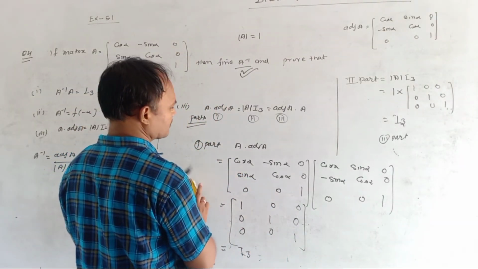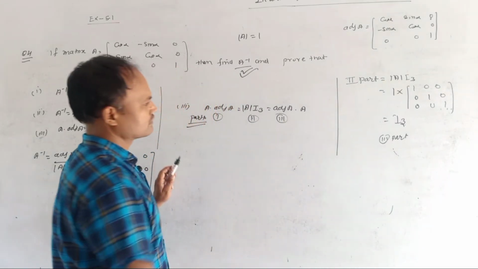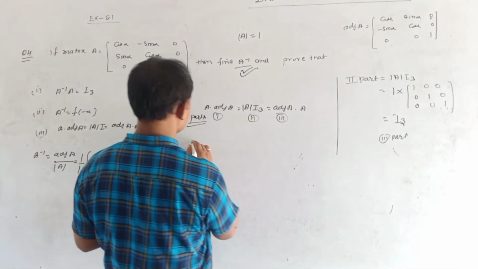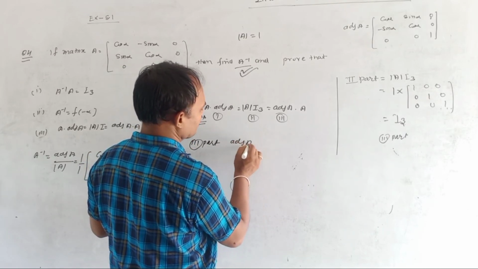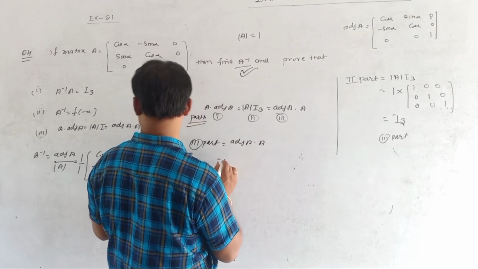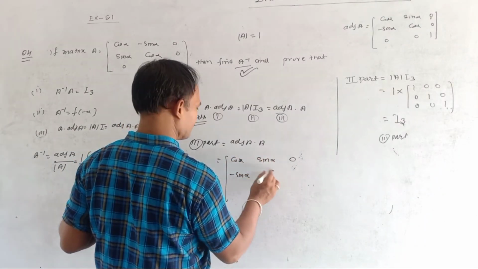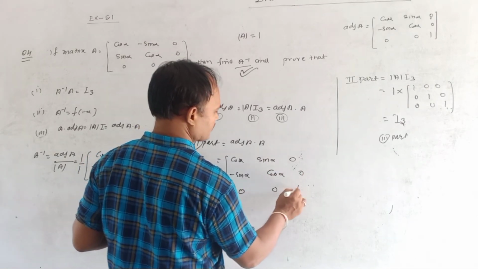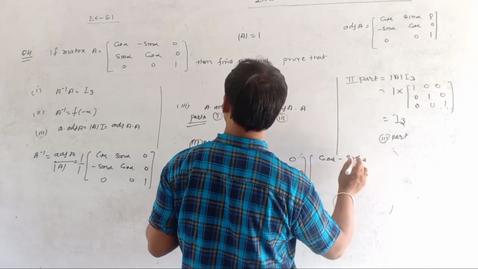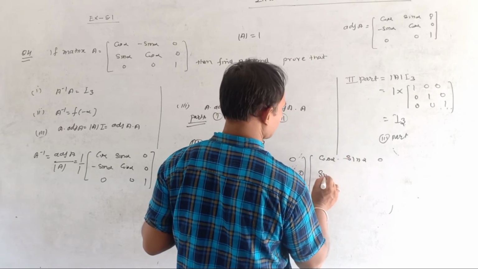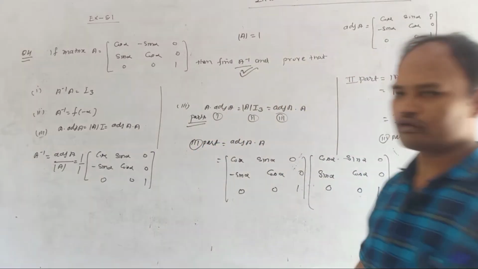Adjoint of A into A. Adjoint of A is cos alpha, sin alpha, 0, minus sin alpha, cos alpha, 0, 0, 0, 1, multiplied by A, which is cos alpha, minus sin alpha, 0, sin alpha, cos alpha, 0, 0, 0, 1. Look here, we are going to multiply this.